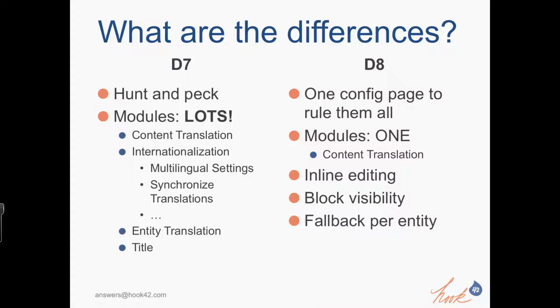So it's actually nice because it falls back at many different levels. It falls back at the content entity level, so a block can fall back to its own specific block settings that are separate from the specific node fallback settings. It might get a little bit complicated because there is so much flexibility in the fallback settings that you have to really be aware of what your settings are to predict what the UI is going to look like if things are translated or not.